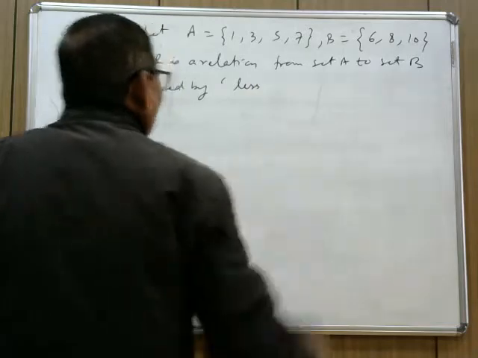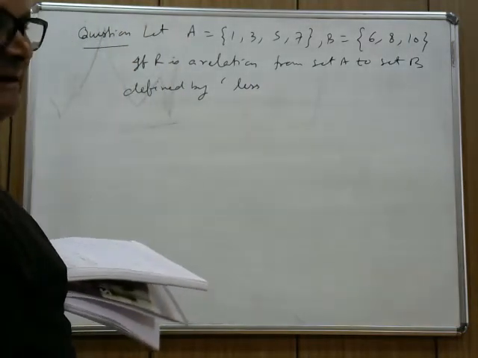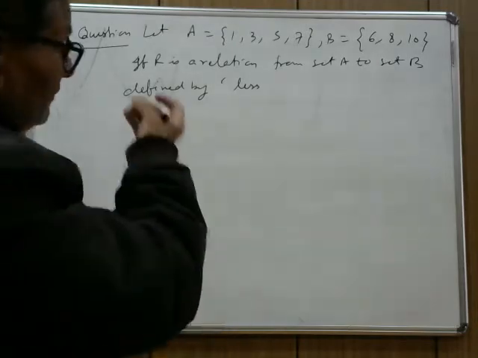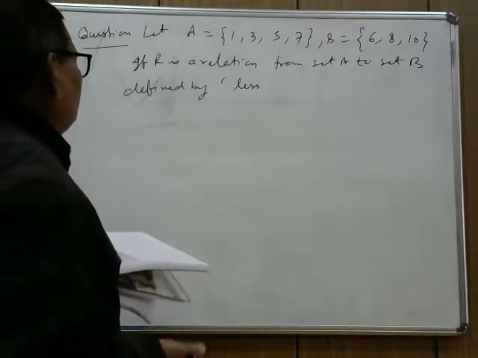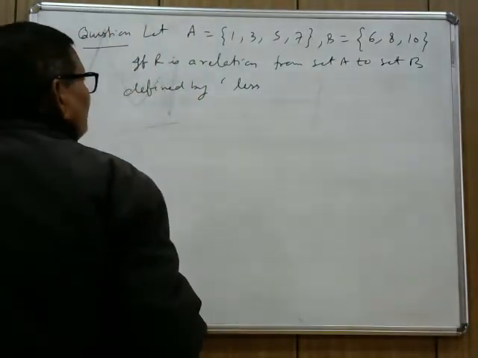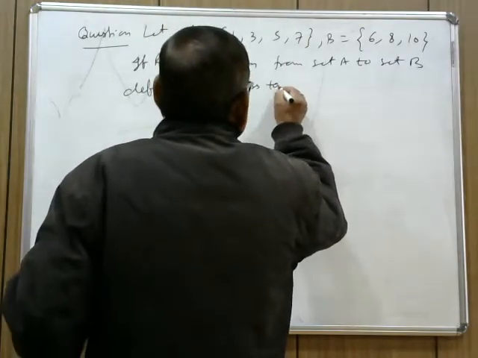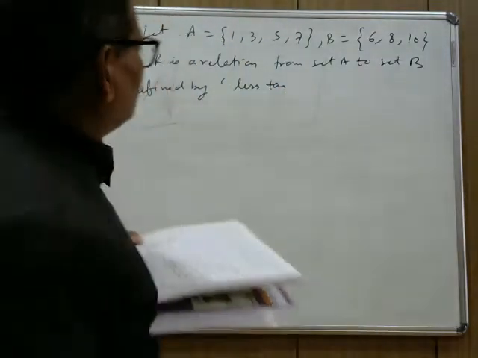Now you remember that this is the relationship between the first element and second element of the set. Let R be a relation from set A to B defined by less than. Your first element is less than the second element. This is the relationship.